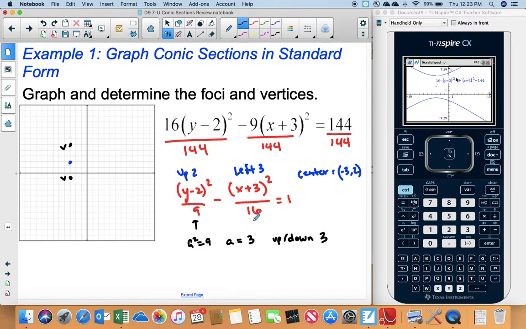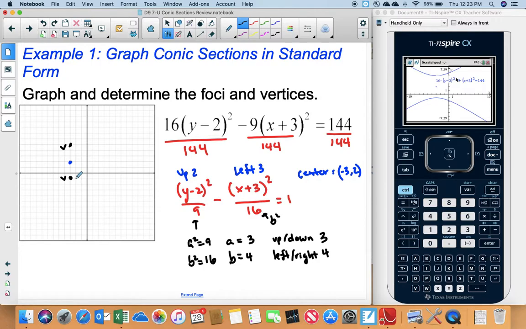Okay, now this value is our b squared. So b squared would equal 16. Put that over here, b squared equals 16, which means b equals 4 when you take the square root. And since the b is underneath the x value, this means we're going left and right 4 units.